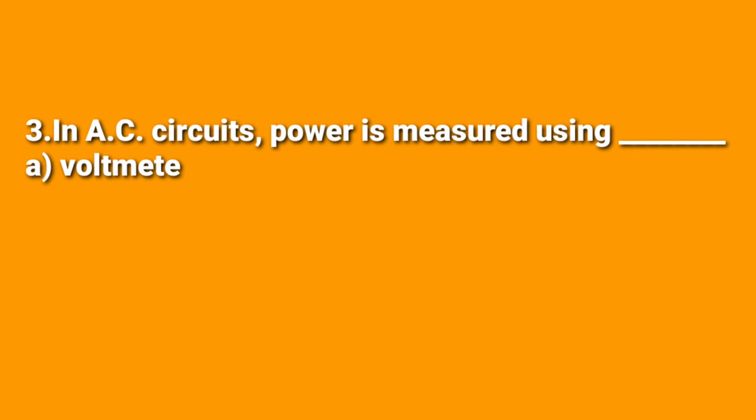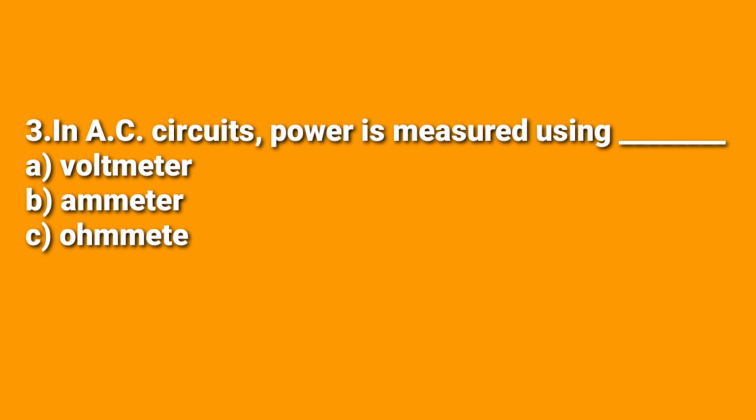Coming to the third question: in AC circuits, power is measured using A voltmeter, B ammeter, C ohmmeter, D wattmeter. Voltmeter, ammeter and ohmmeter, what is the purpose? Voltmeter is used to measure voltage, ammeter to measure current, ohmmeter to measure resistance, whereas D, wattmeter, is used to measure the power.